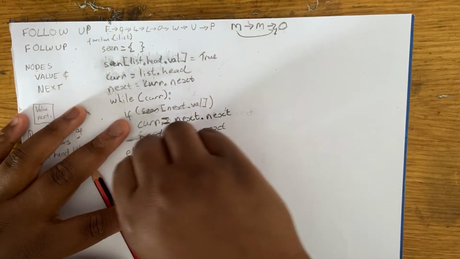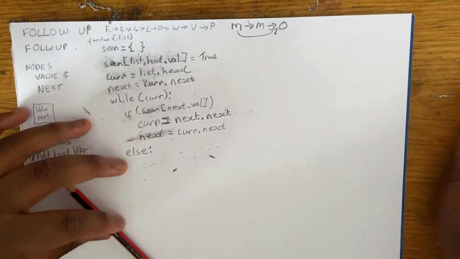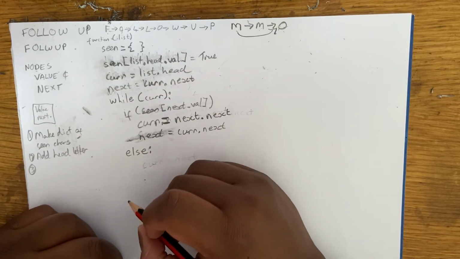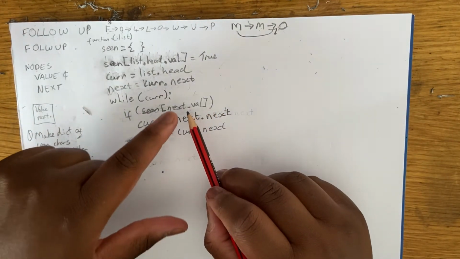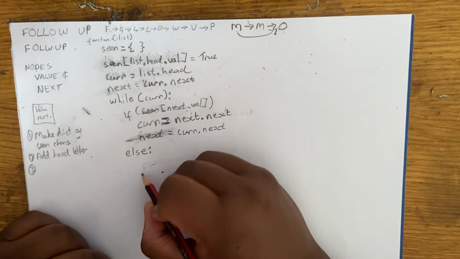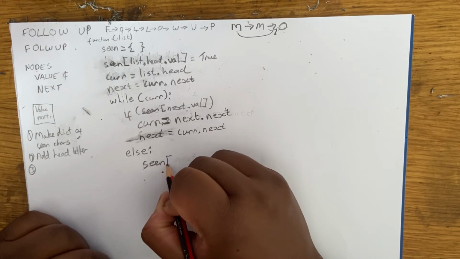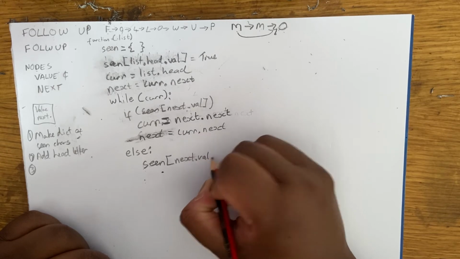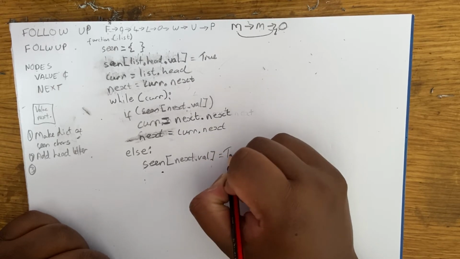Wait, no. There's one thing I forgot to do, which is to add it to seen. Seen next dot val is equal to true.